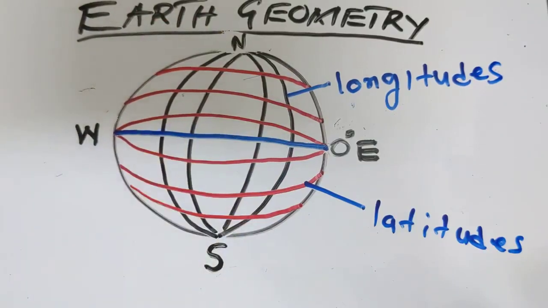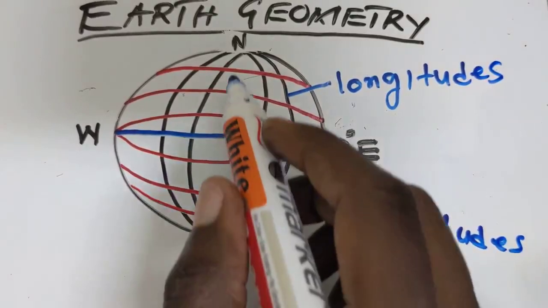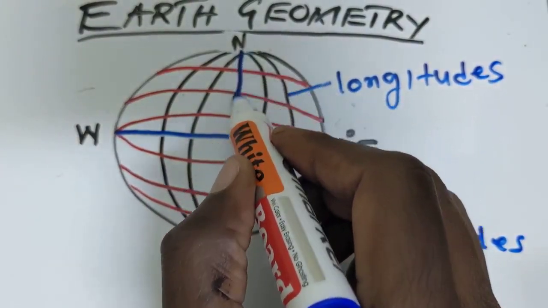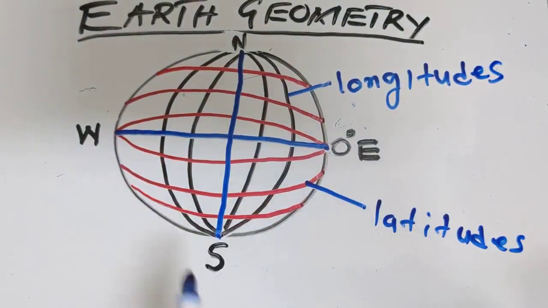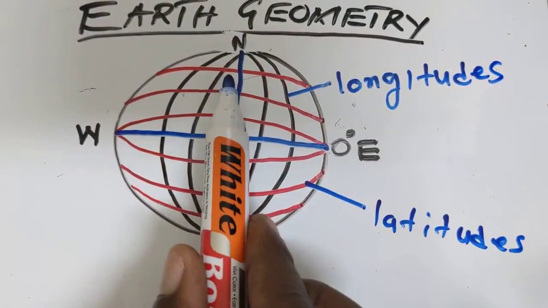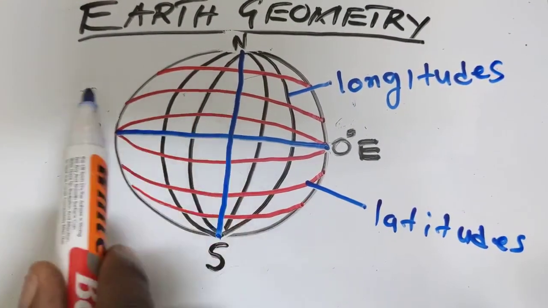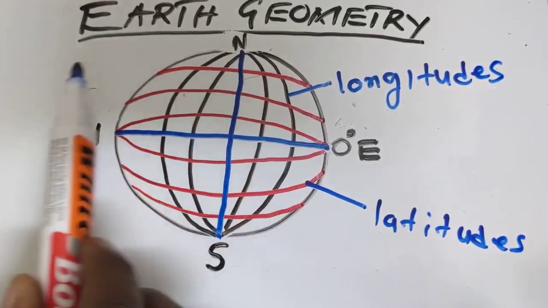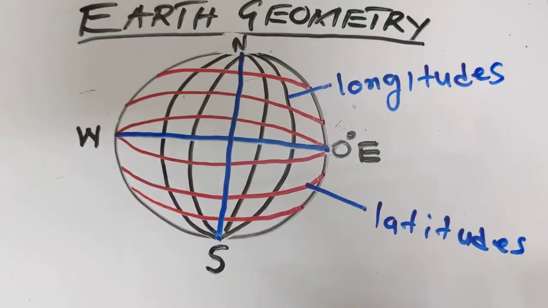Also, from here to right there, there is this line. It demarcates the east and the west, like that.